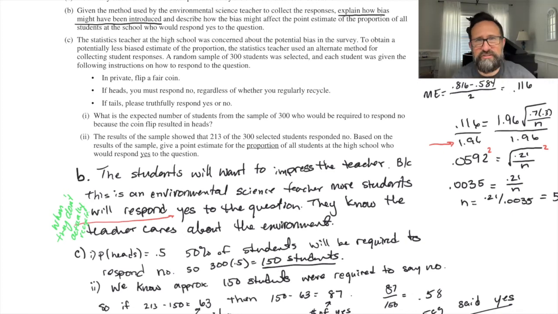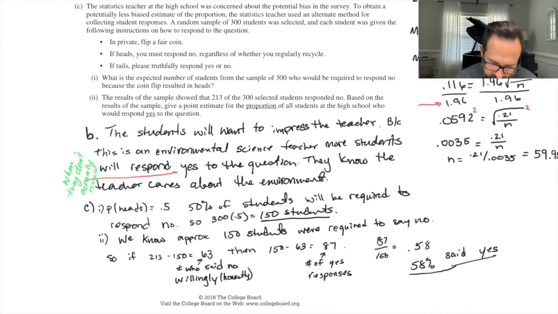So if I subtract that 150 away from the 213, I know that I had 63 people to say no voluntarily, honestly. And so out of the 150 people left that answered the question in an honest way, 87 said yes and 63 said no.